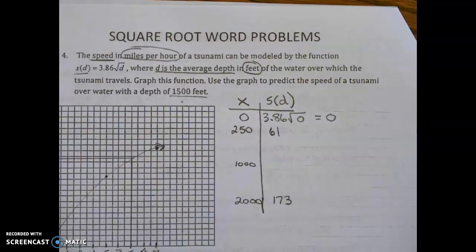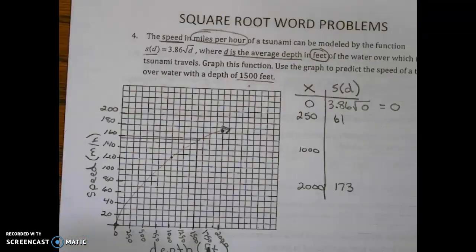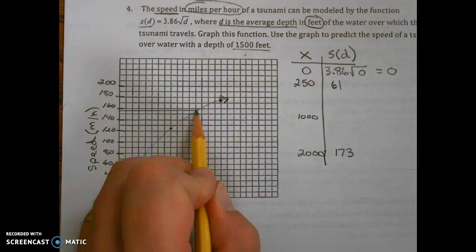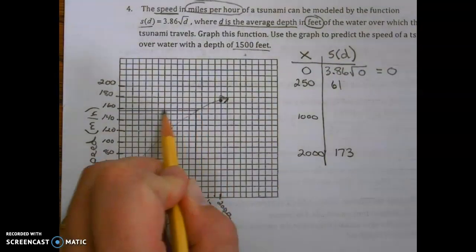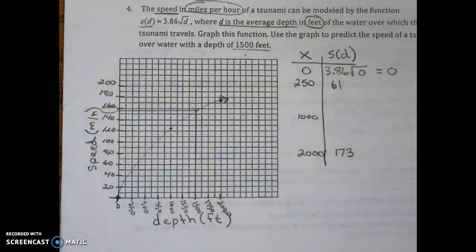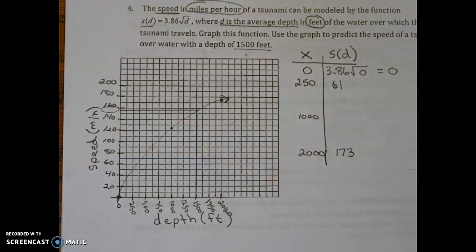So I'm going to predict, I don't want you to plug this into your calculator. I want you to make a prediction here. So going up from 1,500 to the graph, going over, I'm going to predict about 157 miles per hour.